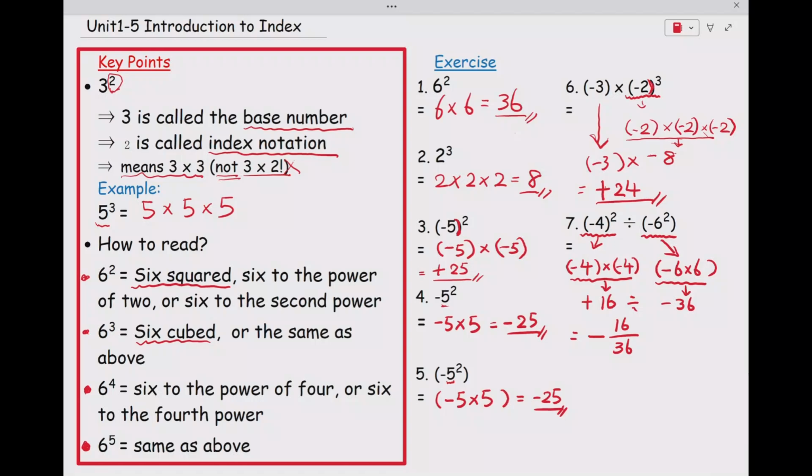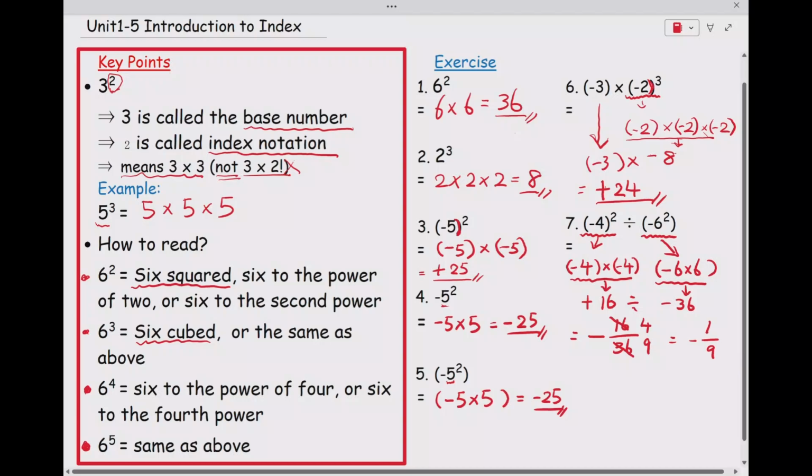And one more step to go. 16 and 36 have a common factor, which is 4. So, let's divide them by 4, which will get us 4/9. And it doesn't look like there are any more common factors here. So together with the sign, the answer will be minus 4/9.